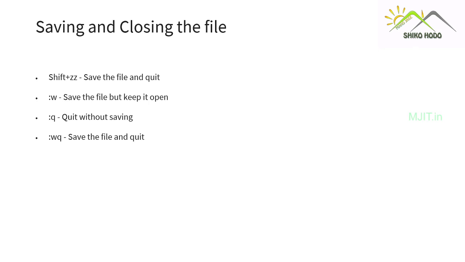Okay, this is how you can utilize the powerful VI editor. It is a powerful editor. We are working in the Linux environment, we must know about the VI editor. Okay, and Vim, compared to VI, Vim is improved.